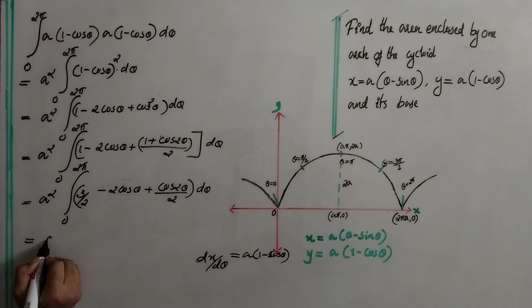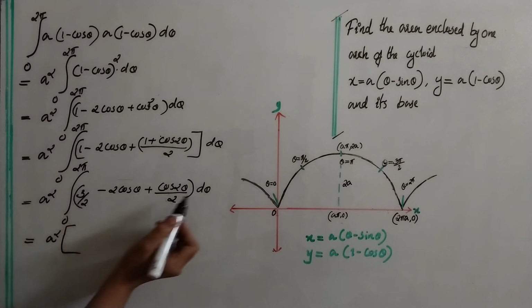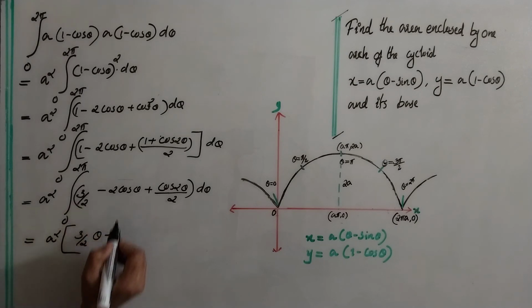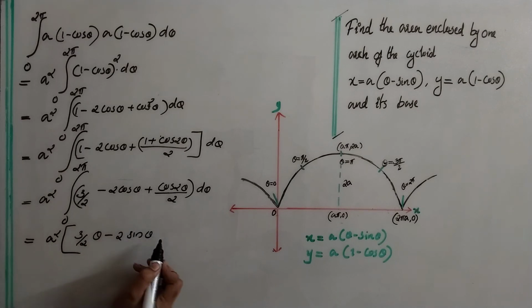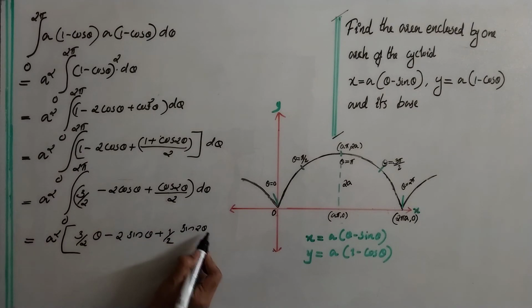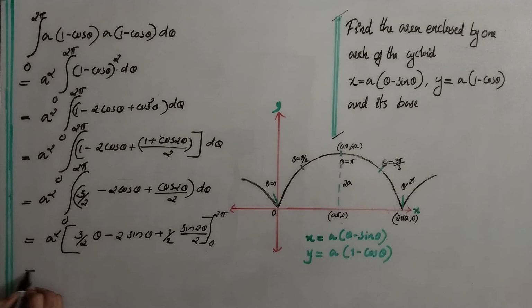Now a square into integral of 3 by 2 d theta is 3 by 2 theta, minus integral of 2 into cos theta d theta is sin theta, plus 1 by 2 into integral of cos 2 theta d theta is sin 2 theta divided by 2, with limits varying from theta equal to 0 to 2 pi.